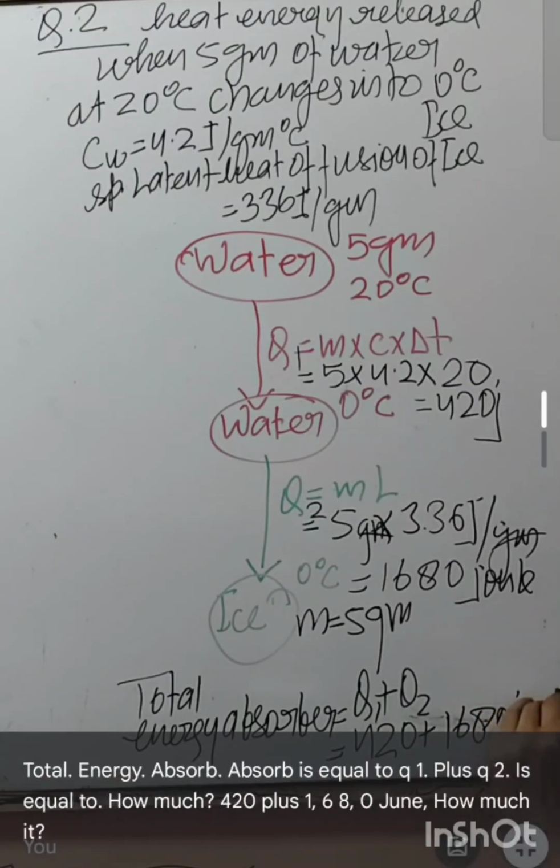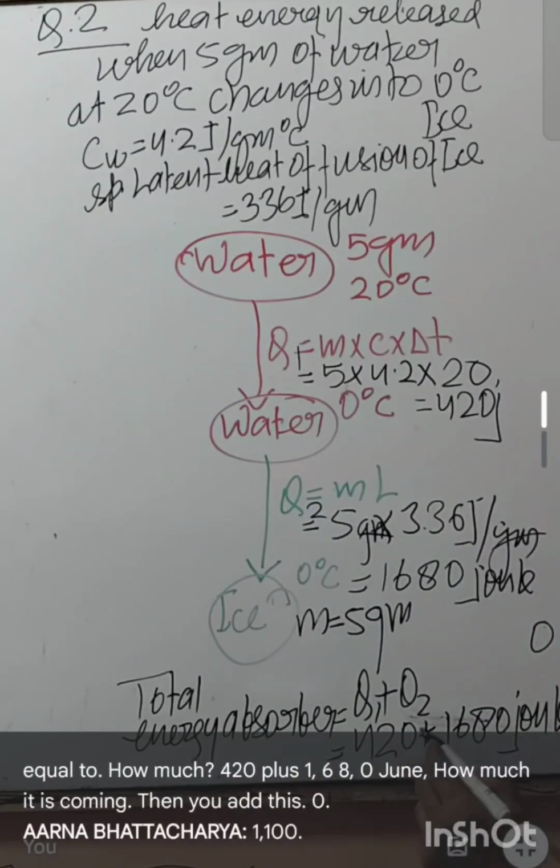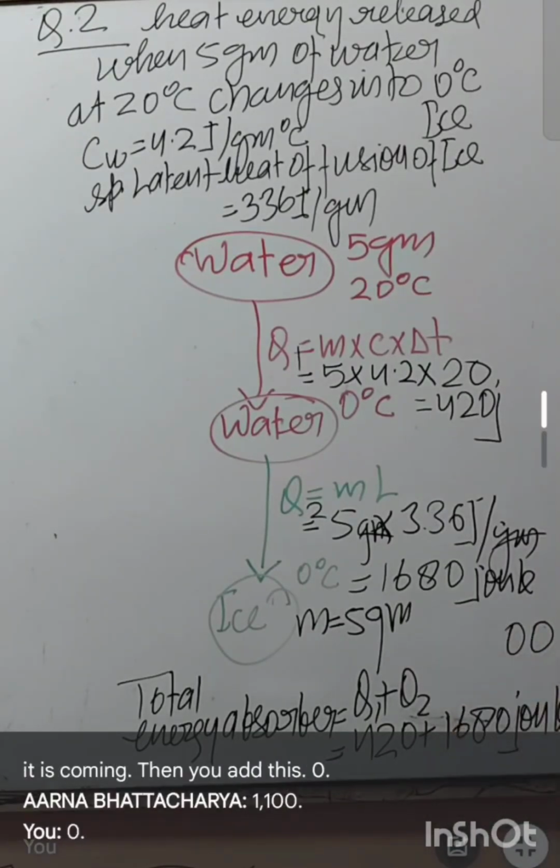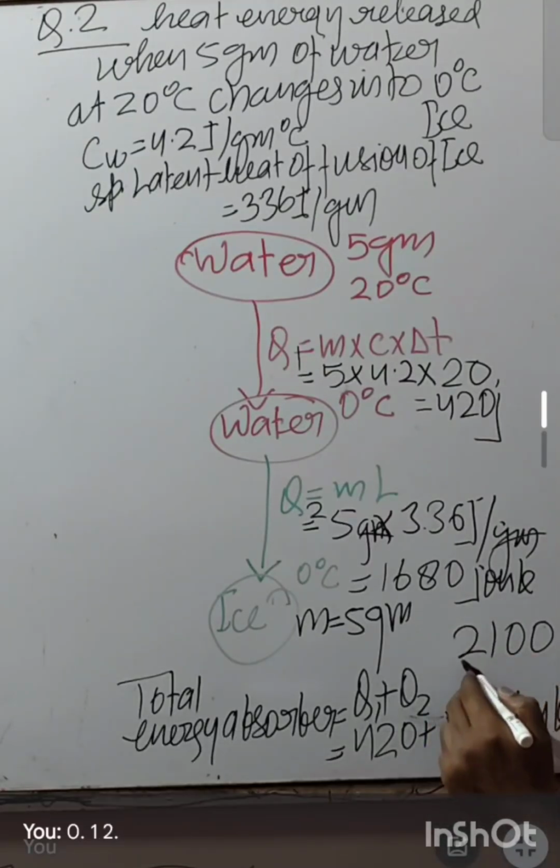How much is it coming? Can you add this? 0, 2100. Sir, 2100 joule.